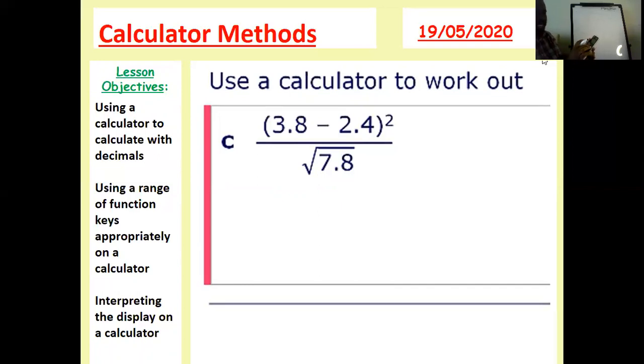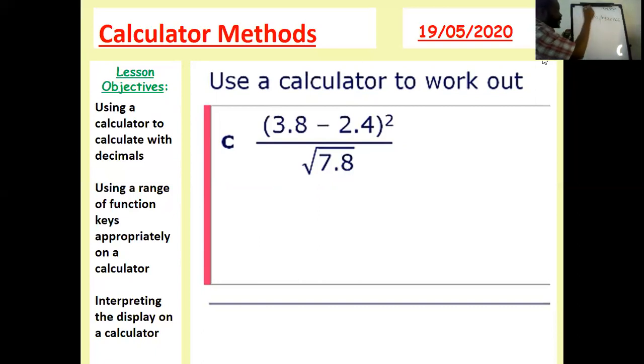Then I move the cursor to the right until it's in the middle, and press equals. That will give me a calculator display of 0.7017925766. I round my answer to 3 decimal places.